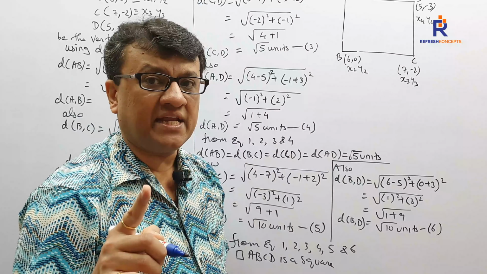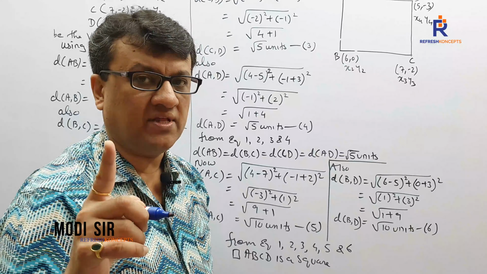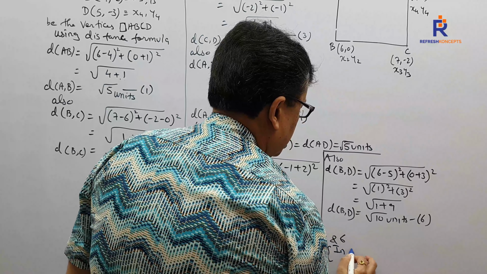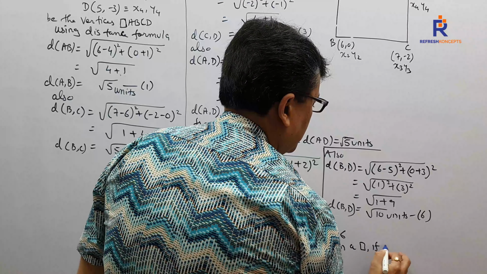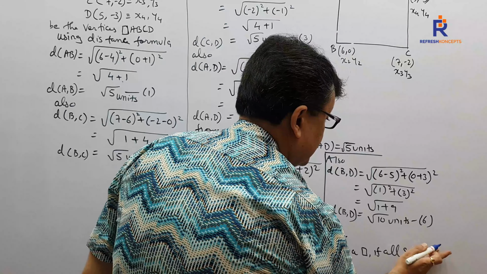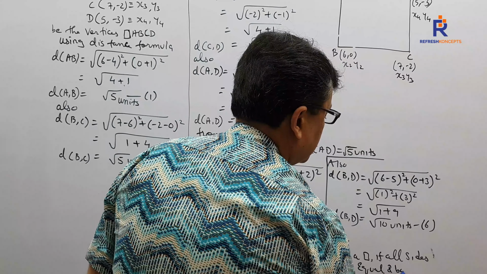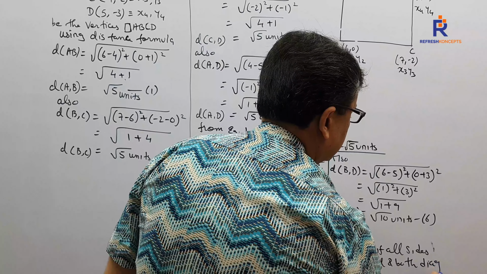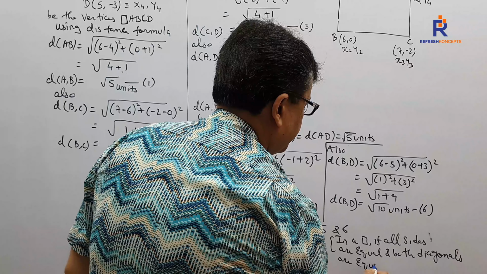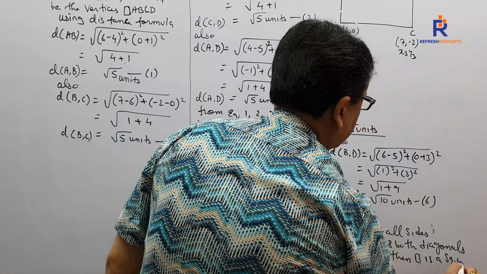If all the pairs of sides are equal and the diagonals are equal for a quadrilateral, the quadrilateral is a square. So if you want, you can write down here: in a quadrilateral, if all sides are equal and both diagonals are equal, then the quadrilateral is a square.